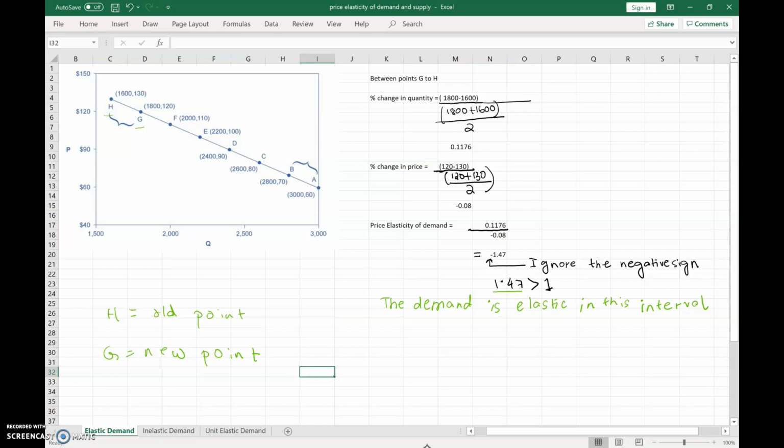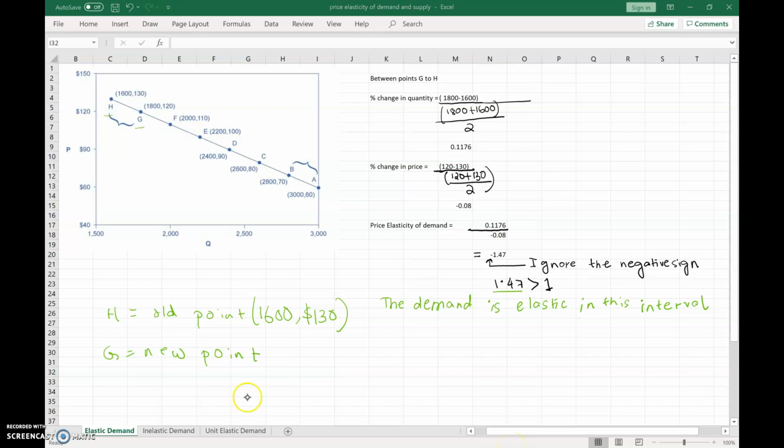The way it's written to me over here, the first number is for quantity and the second number is for price. Point H, the quantity is 1600, that is the quantity demanded, and the price is $130.